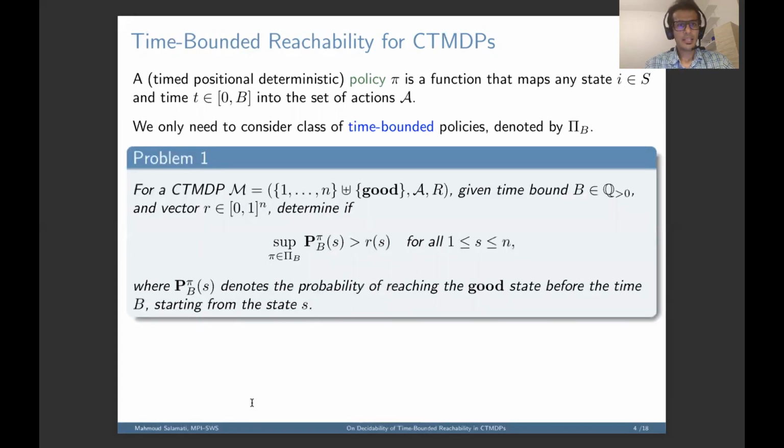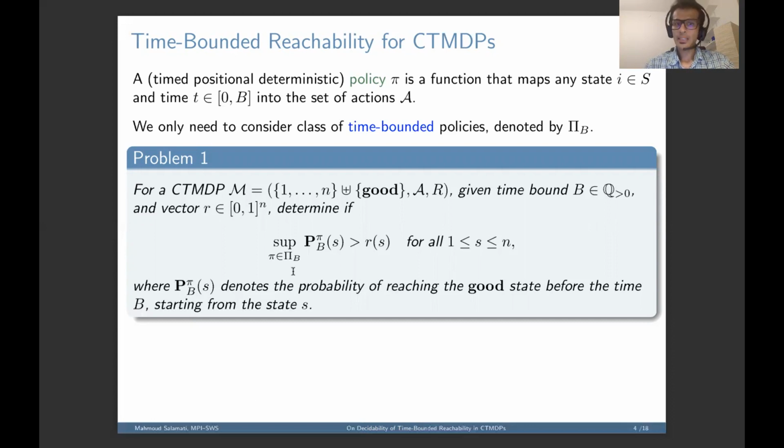And here is the formal statement for the time-bounded reachability problem over CTMDPs. We're given a CTMDP with n plus 1 states, including a state marked as good, and the corresponding set of actions and rate function, and also a given positive rational time bound.